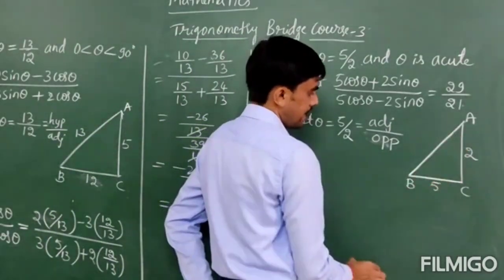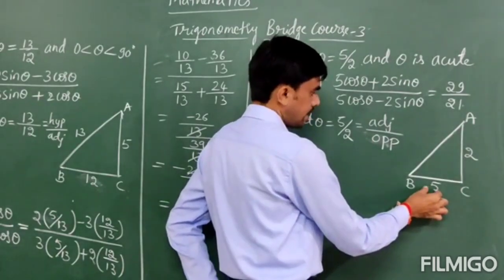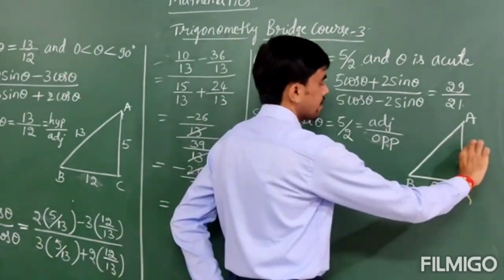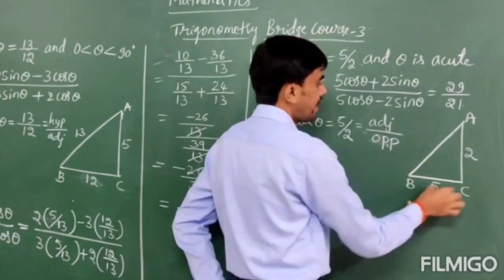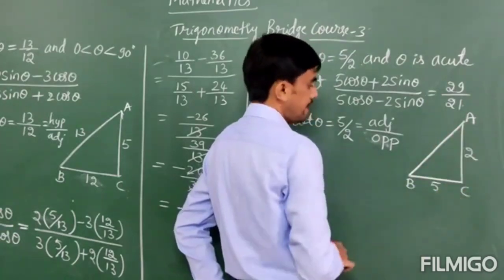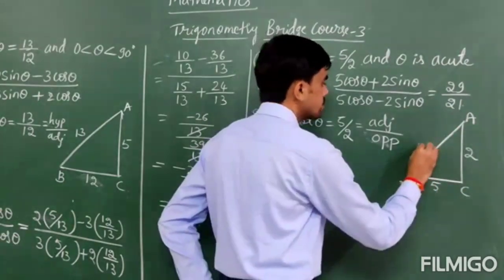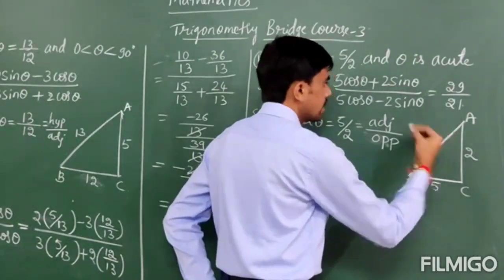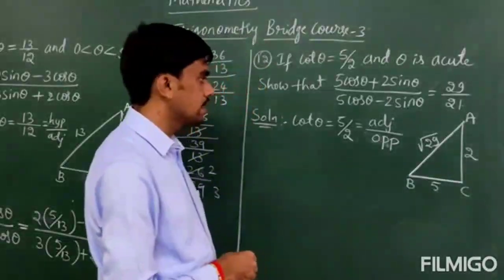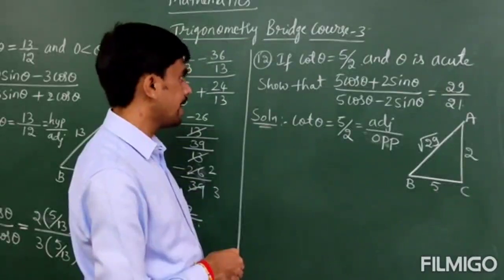The hypotenuse is AB. 5 square is 25, 2 square is 4, and 25 plus 4 is 29. Therefore, AB is root 29, the value of the hypotenuse.